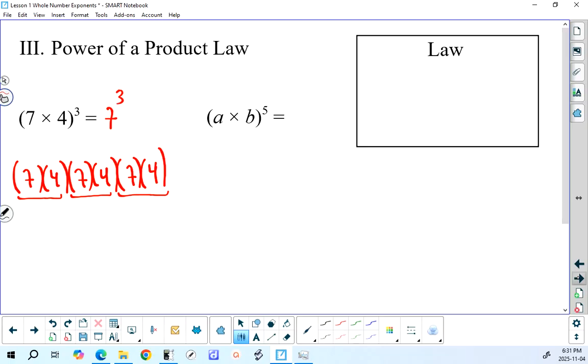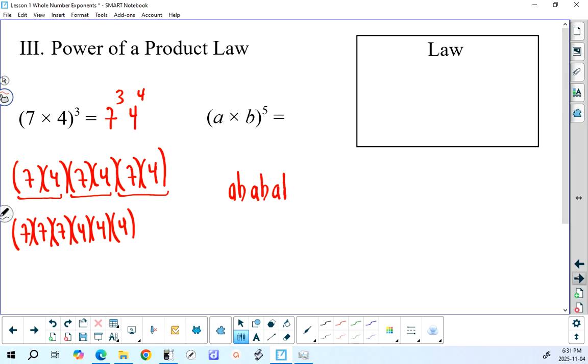And rather than writing 7 times 4 times 7 times 4 times 7 times 4, I could write this. And you don't need to write all of this down. You can just observe a lot of what's going on. But I can change the order that I write these numbers down. The order in which you multiply numbers doesn't matter. So I have 3 7s and I have 3 4s. If you did the same thing with the second one, you would have AB multiplied by AB, multiplied by AB, multiplied by AB, multiplied by AB.